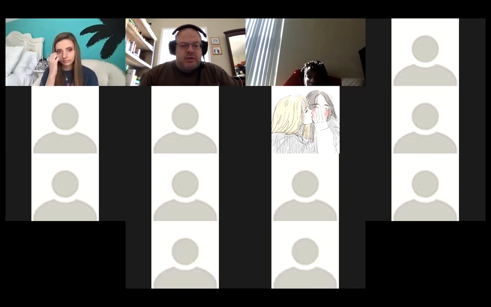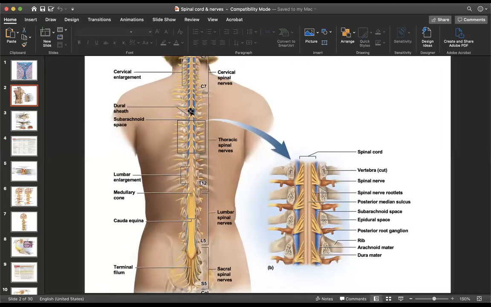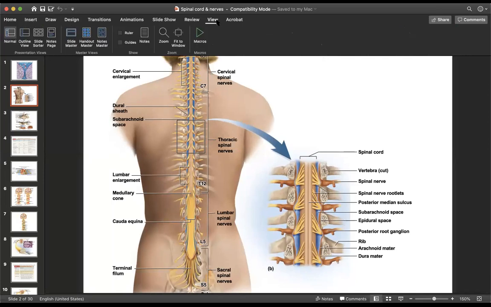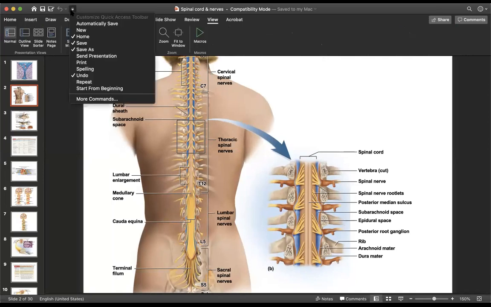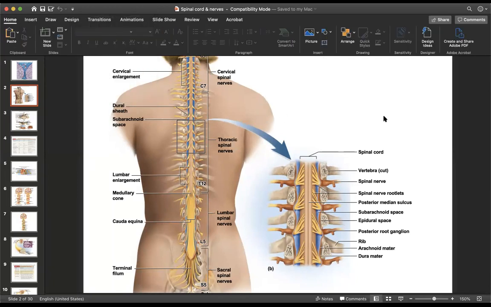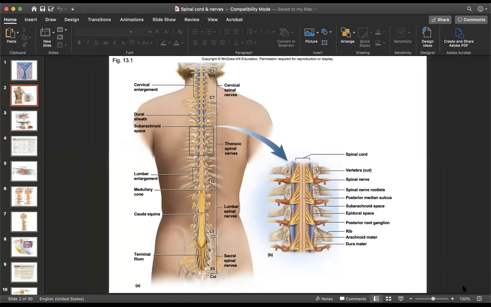Screen share and PowerPoint. I had it on presentation mode and it wouldn't let me go back to normal mode. Okay, whatever.